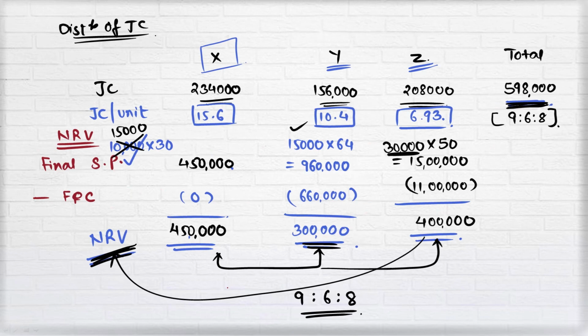What was the best point in the question? This particular idea, right? 15,000, this 15,000 and this 30,000. While apportioning the joint cost, I want to find out net realizable value and not net realized value.